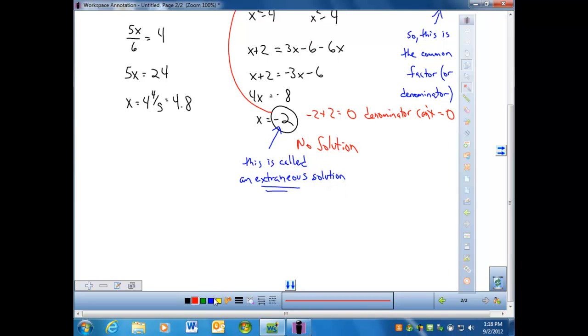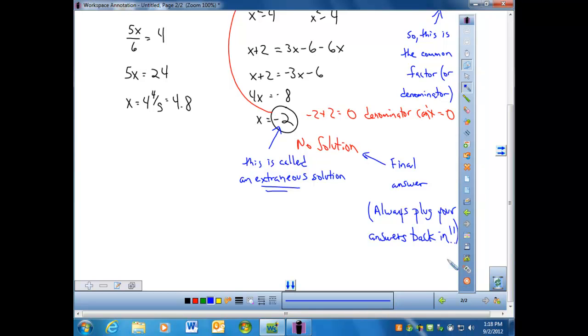Important thing to remember, always check your solutions. Just make sure they work. So try some of those problems in your homework tomorrow, or in our practice time in class tomorrow. Make sure that you understand how to find those common denominators and how to look for those extraneous solutions as well.